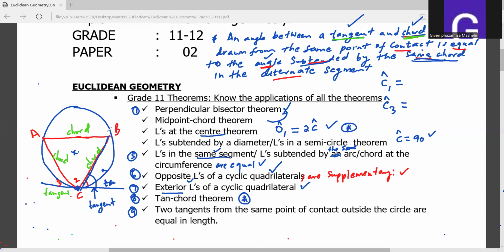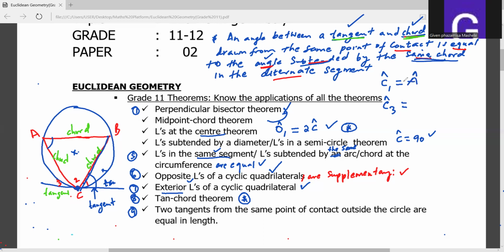So what does this mean? It means that we are controlled by our chord, the chord which forms that angle C1. So the name of the chord that is forming angle C1 is BC. And what is the angle that is subtended by this chord? Actually, it will be angle A. So angle A is equal to angle C1.